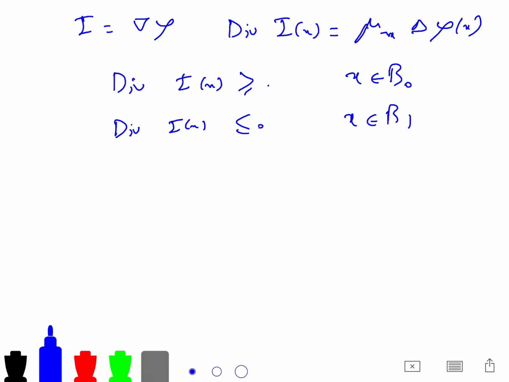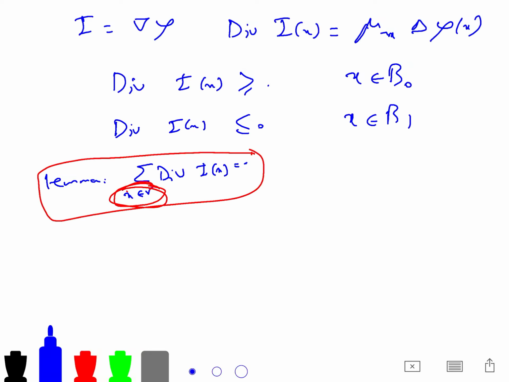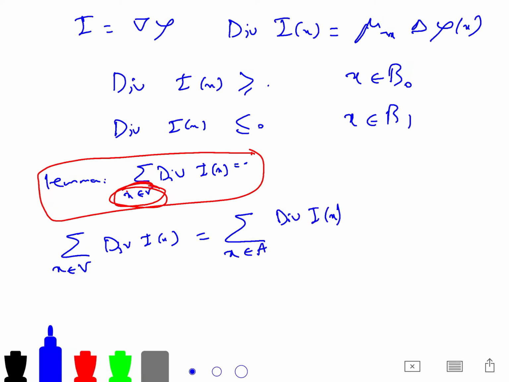And using the lemma that I forgot to say, the lemma just says that if I is a flow on V with finite support, then the sum of divergence of I of x is 0, if your summation is over all of your vertices. Don't forget this point. So this is a lemma I want to use for the proof. So I was saying that the sum over x in V is equal to the sum over x in A of divergence of I of x.